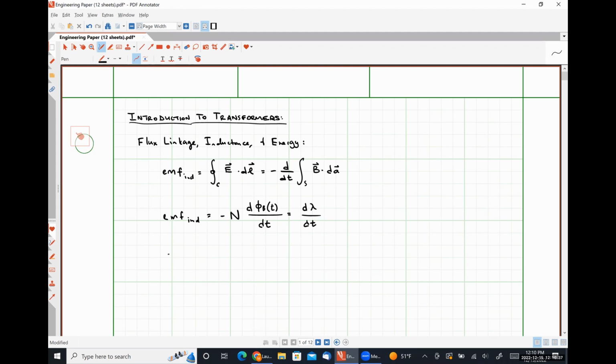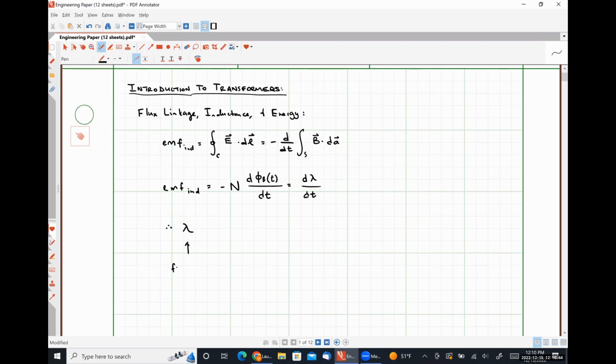And from this, we can see that lambda, which is our flux linkage, is simply equal to N times phi B, where N is the number of turns that the flux is passing through, and phi B is the flux.